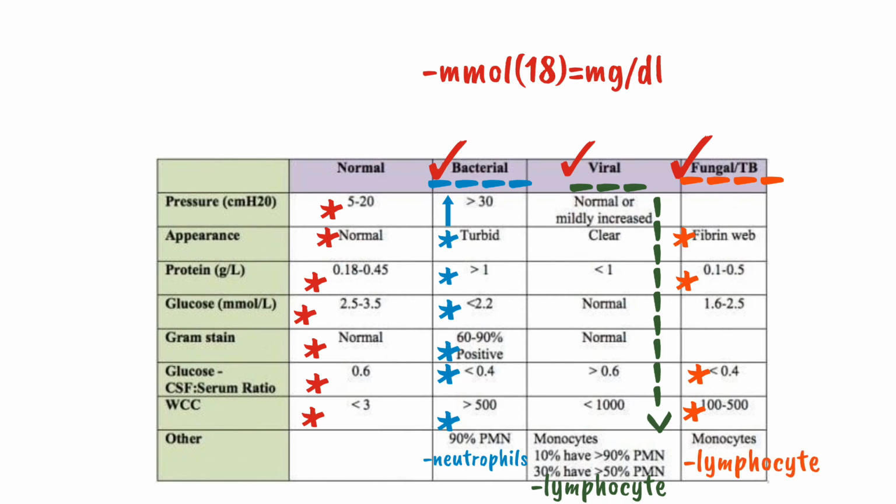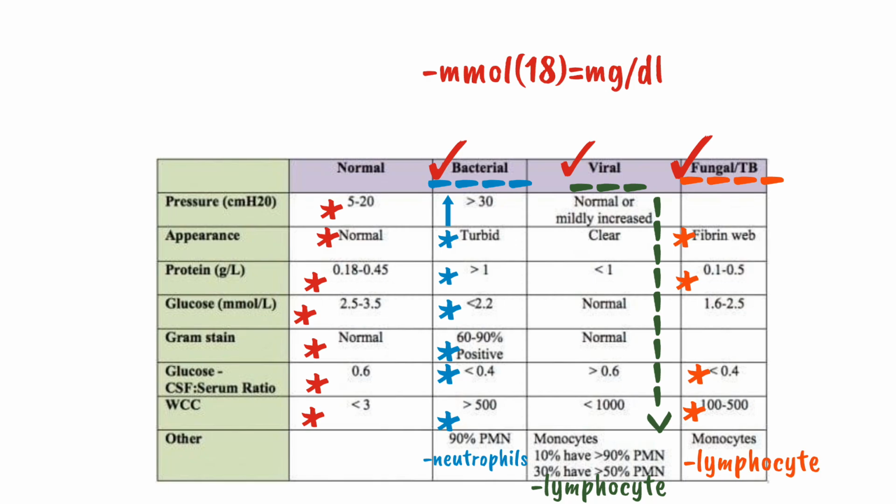Remember that the prominent difference between bacterial and TB and fungal meningitis is the type of white blood cell. In bacterial there will be a neutrophilic predominance while in fungal there will be a lymphocytic predominance. So that was all about the CSF findings in different types of meningitis. It is very important and it usually appears in exams.